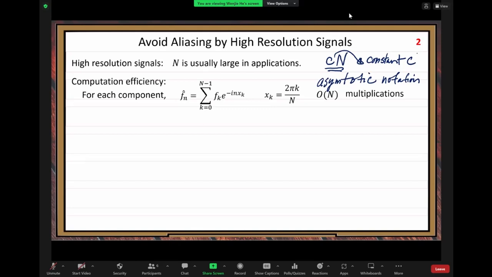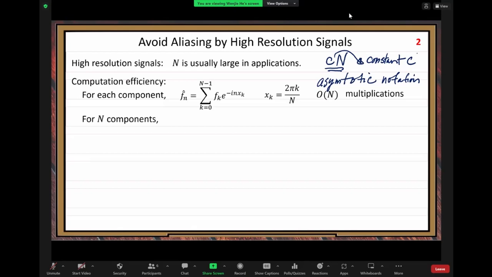So for one component, you need to do this many multiplications. But how many components do you need to calculate? Capital N components, right? You have a total of capital N components.